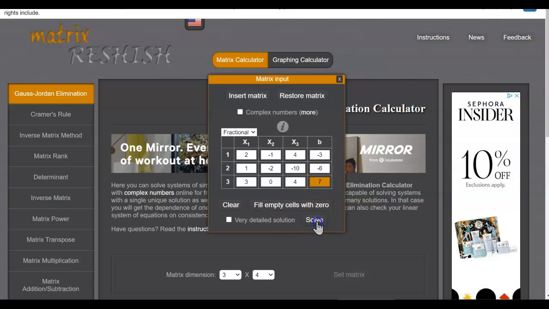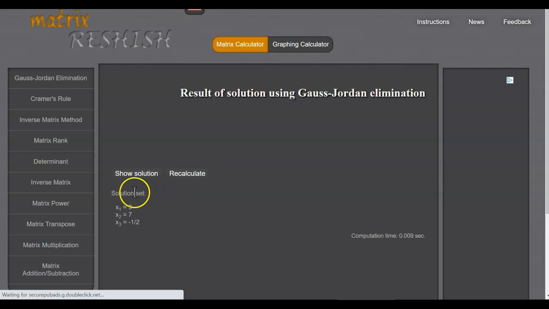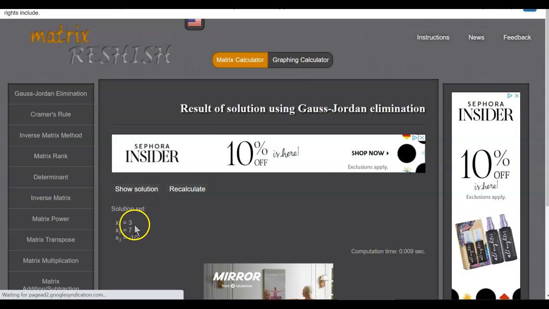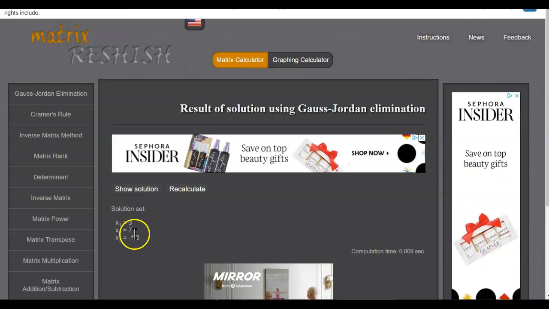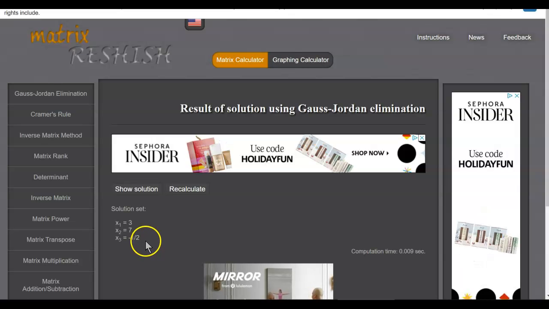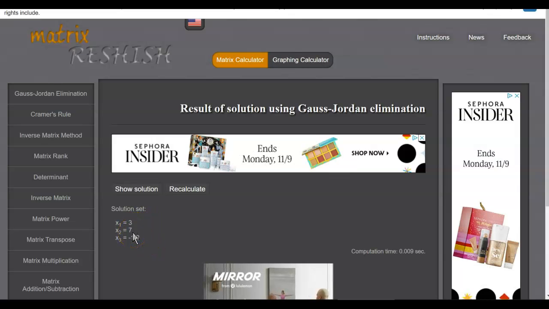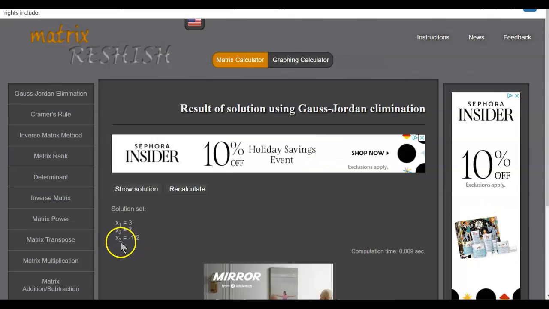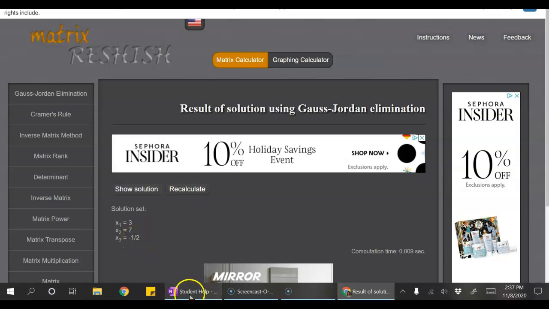Then I'll hit solve. And it tells me that x, they're using x1, x2, and x3. X sub 1 meaning x. In our case, x sub 2 is y, and x sub 3 is z. So here's our solution, 3, 7, -1/2. And that should be the solution that makes all 3 of those equations true.